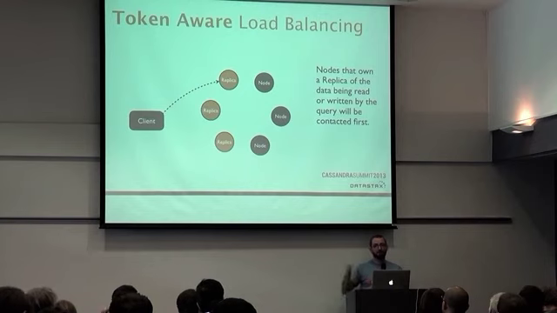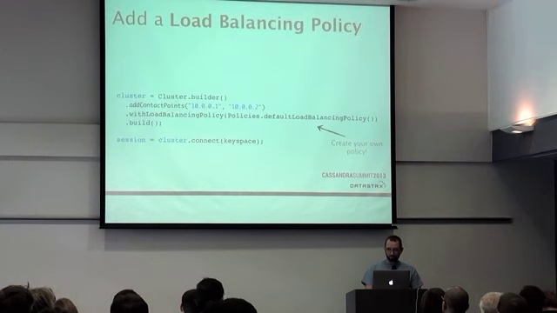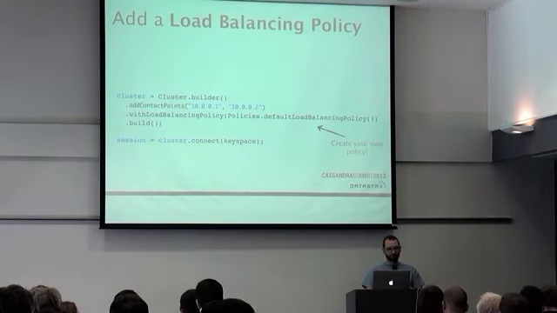And obviously, the result is that you will shrink slightly the latency of your request, which is often something you're interested in. Just an API detail, the load balancing policy is something that you configure at startup when you configure your cluster.